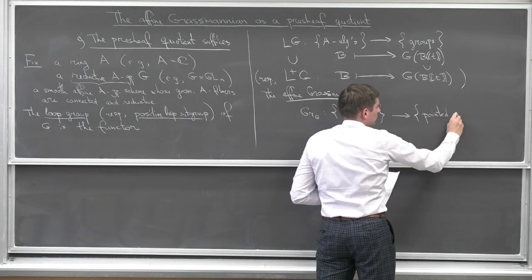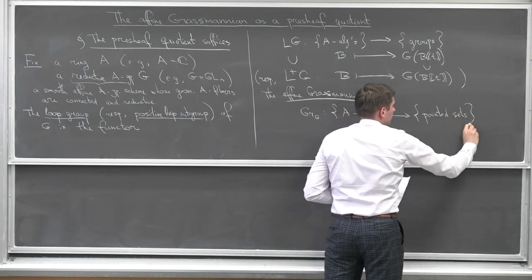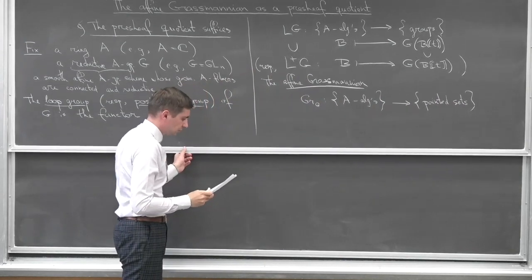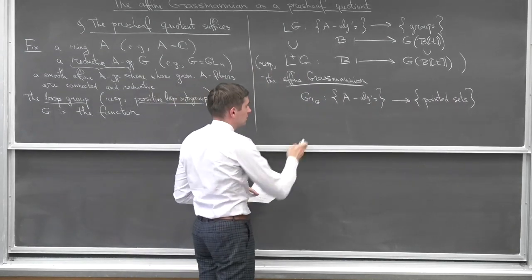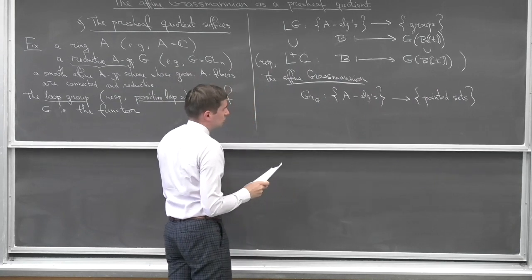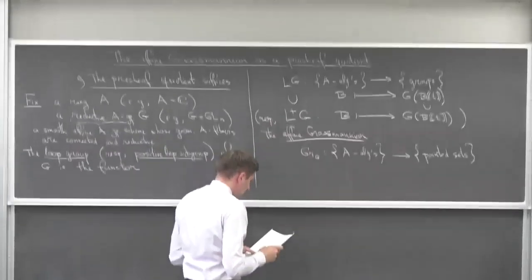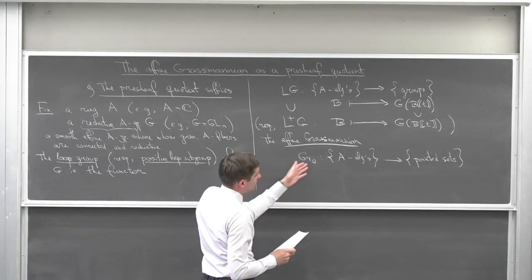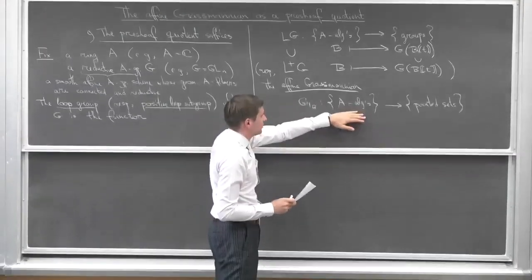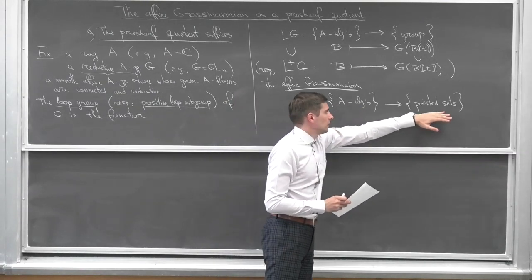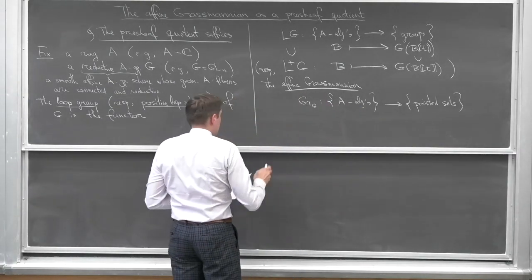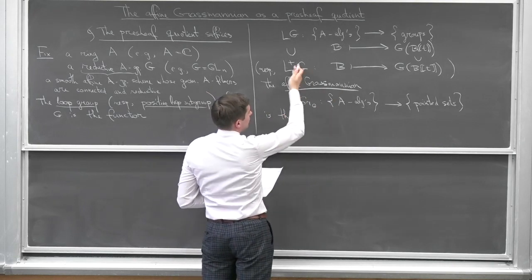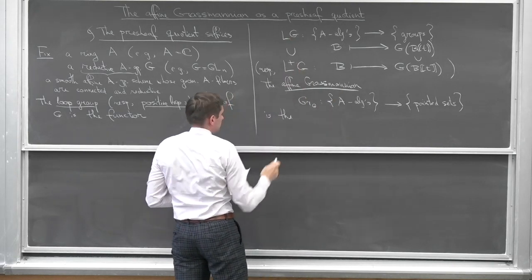It's a local version of the stack Bun_G that appears a lot in the Langlands program and other subjects concerned with all sorts of reductive groups and representations of these groups. The affine Grassmannian is a functor on that same category of A-algebras, valued now in the category of pointed sets. And this is a kind of functor of the quotient LG modulo L^+G.